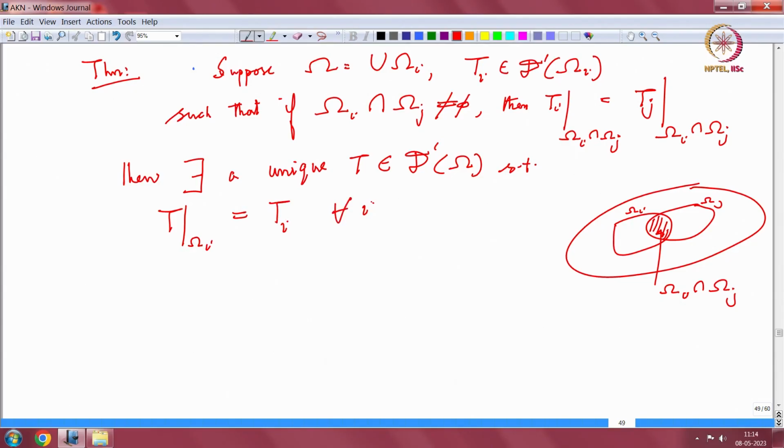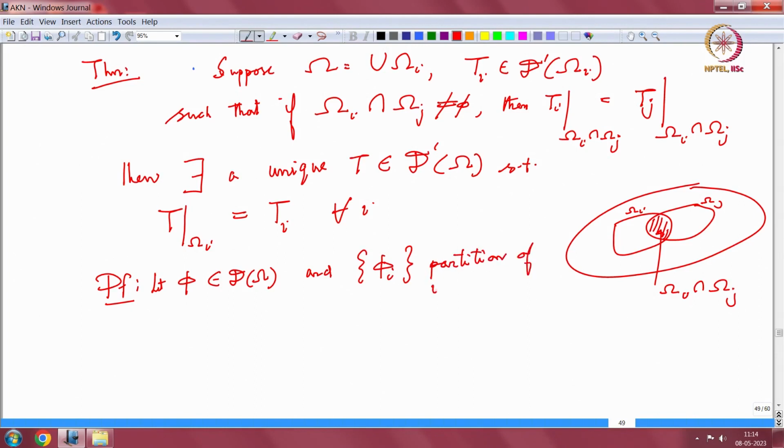The proof is very easy. You have to define T. Let phi be in D of omega, and let phi I be a partition of unity, any partition of unity.